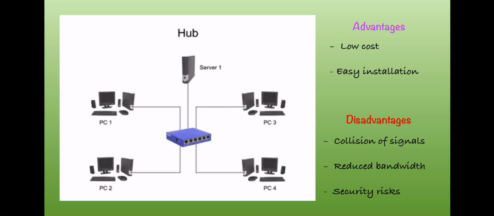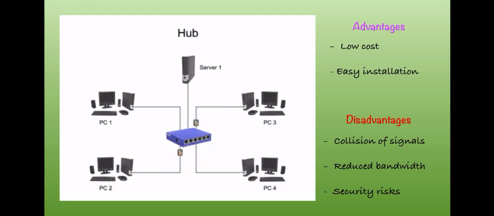Collision of signals, as we talked about collision domain. In this figure you can see that it might happen that two hosts or two nodes or two workstations might send data at the same time. Like in this one we can see PC2 and PC3 are sending data at the same time.